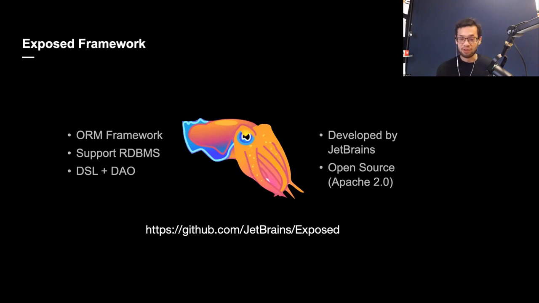If you want to know more detail, you can go to our GitHub, where we have documentation describing how to use Exposed with DSL syntax or DAO. But today, I prefer to use the DAO pattern, where you can represent your data in a Kotlin class and object to represent your data in the database.